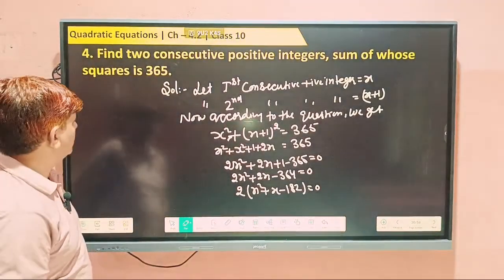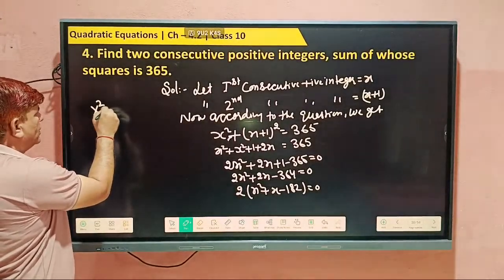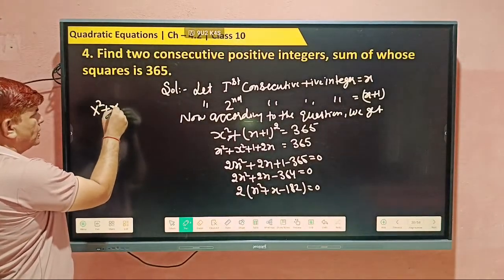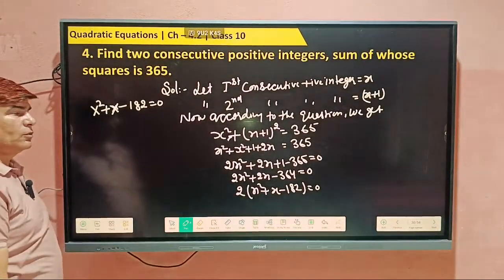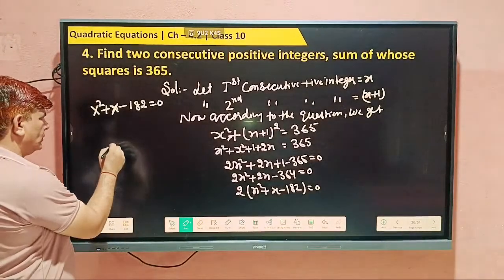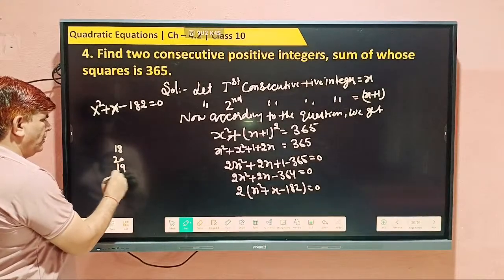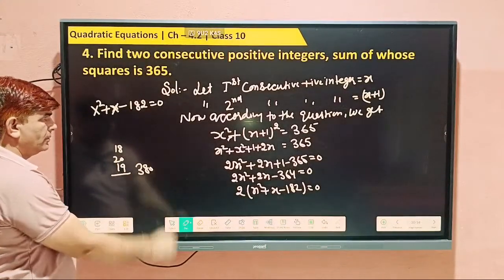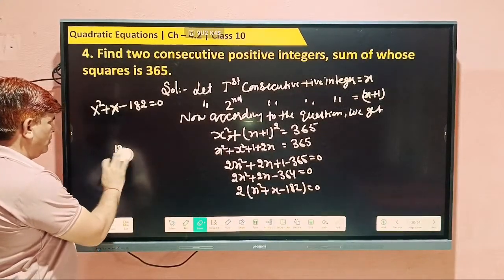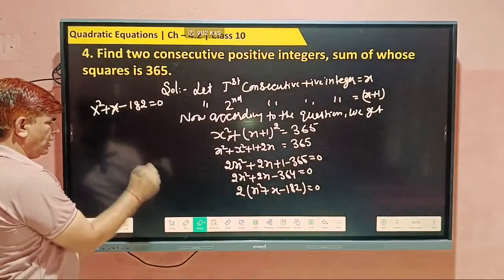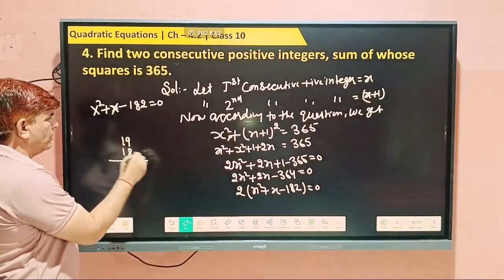So how can you find its factors? Right here, x square plus x minus 182 equal to 0. So what are its factors? 18, 20, 19, 380, which is more than it. So what do we need? 19, 18, not possible. Check one time.